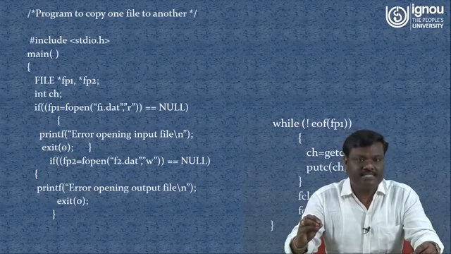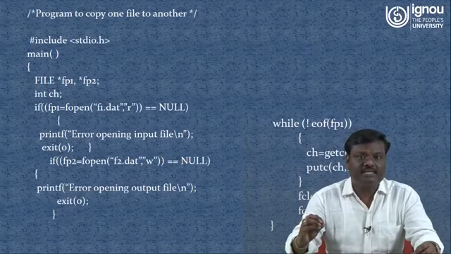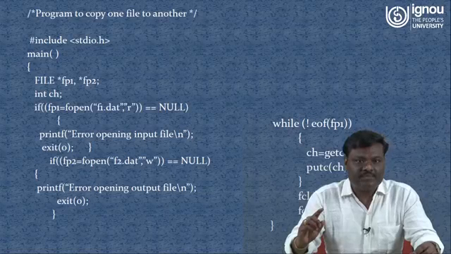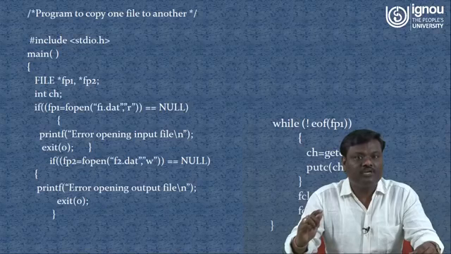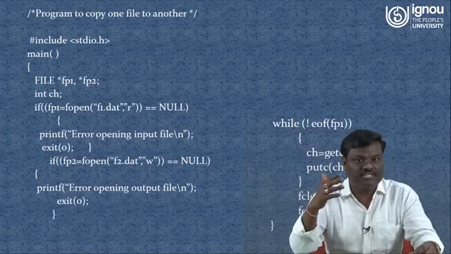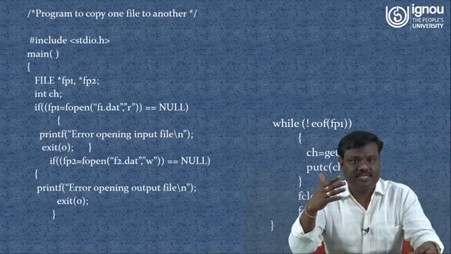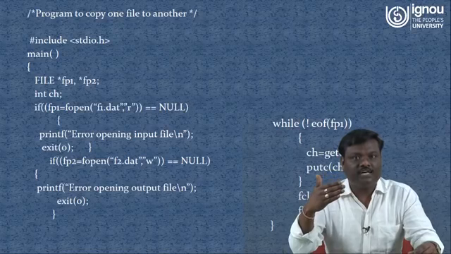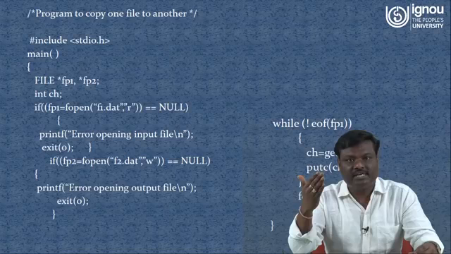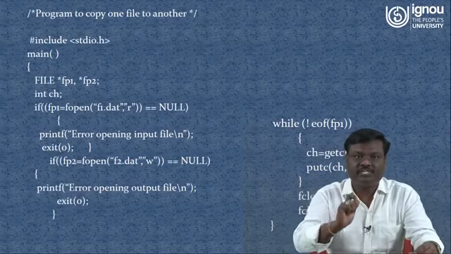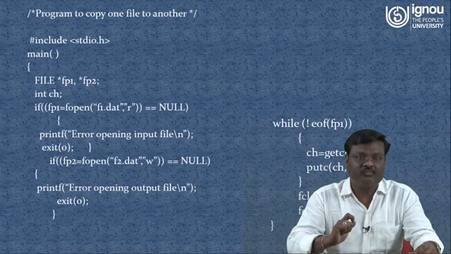If it exists, then here you can see fp2 is equal to fopen, we are opening that file too, and checking both files. If the files are available, it comes out and executes from the while statement. Otherwise it will display the message error opening input file or error opening output file.